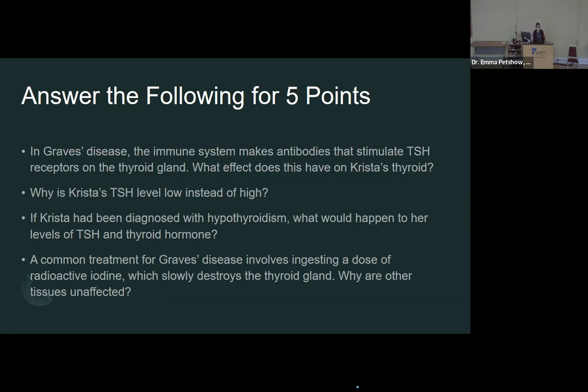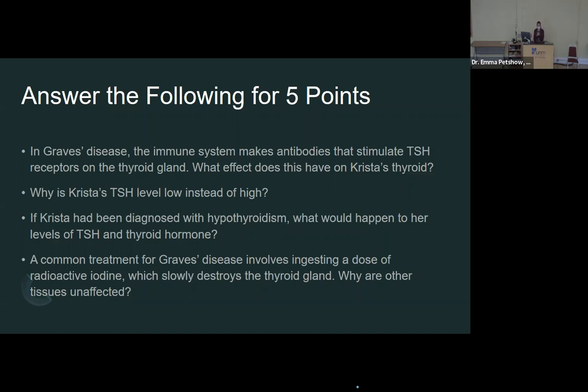We already kind of talked about why the TSH is low instead of high, because her body is doing that negative feedback loop effectively. There's just an antibody that's mimicking TSH, causing her to continue to produce thyroid hormone. So then if she was diagnosed with hypothyroidism, let's say she didn't have a hyper state, let's say she had hypothyroidism, so different picture, what would that do to her TSH and thyroid hormone?